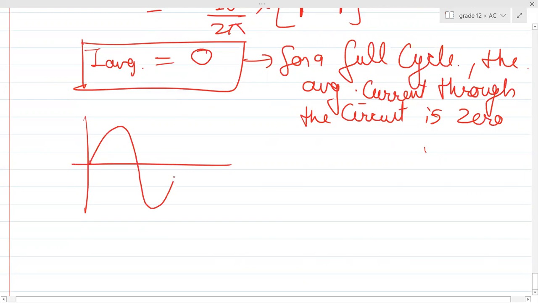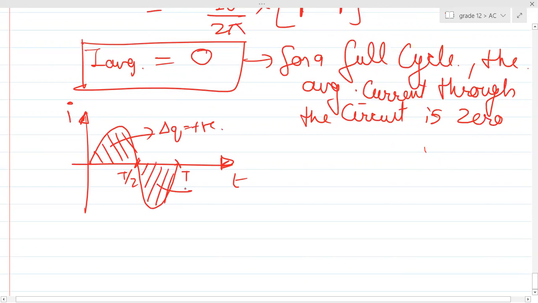Suppose if this was the current which we have taken, so can you see during the positive half cycle, everyone, can you please see this particular thing? During the positive half cycle, this delta Q was positive, and during this negative half cycle, this delta Q was negative. This area and this area were equal.